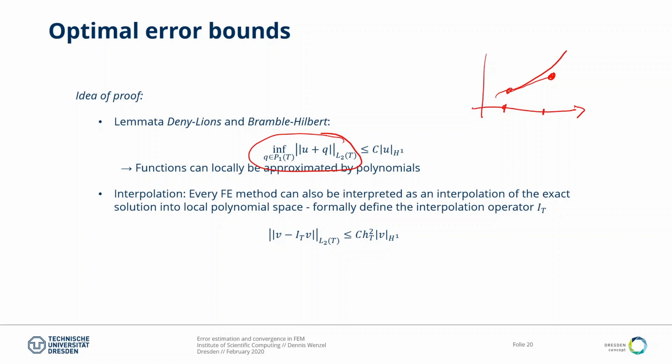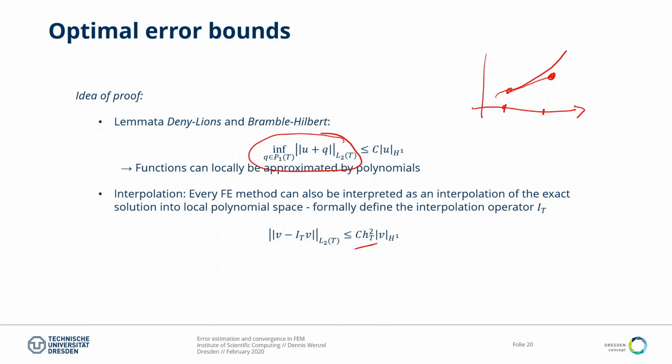It's just as hard, so I'm not making anything easier here. But for the sake of proving something, it's sometimes important and necessary to consider this interpolation approach. And then here you see that the error between some arbitrary function and the interpolate of the function is bounded from above also by something that contains the grid width here.